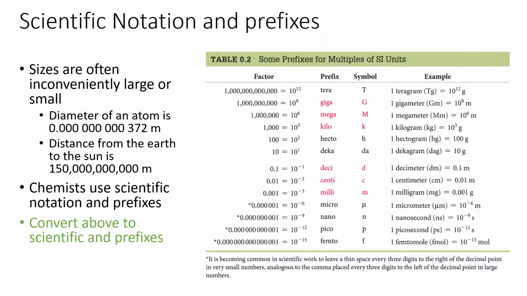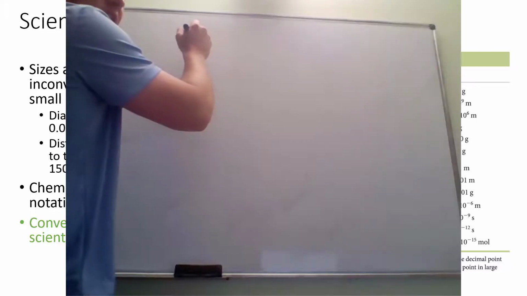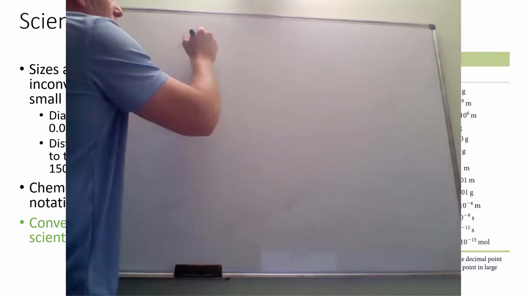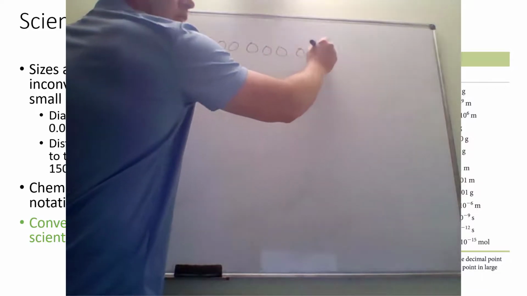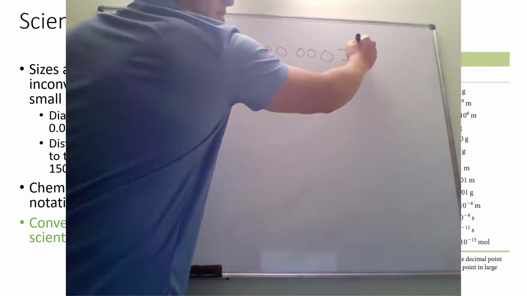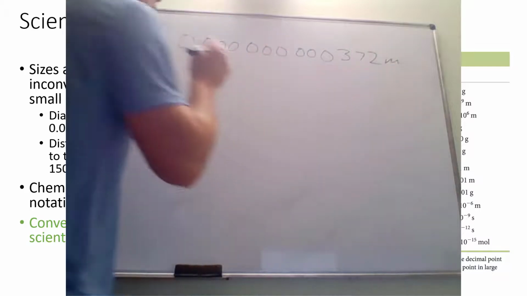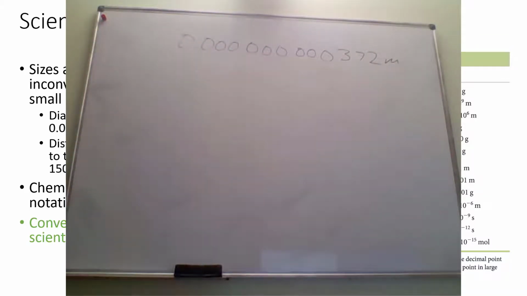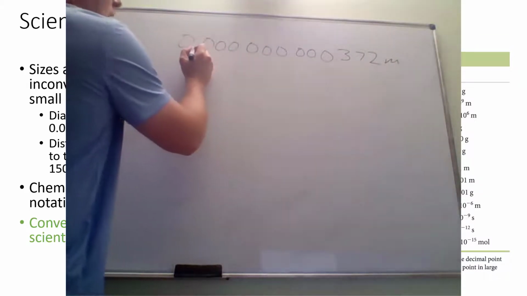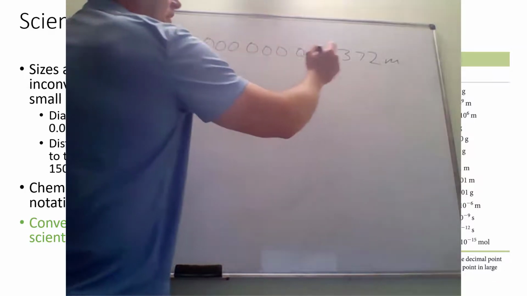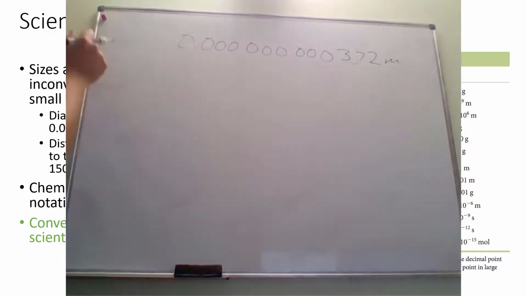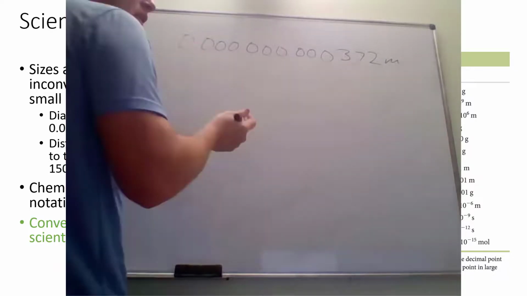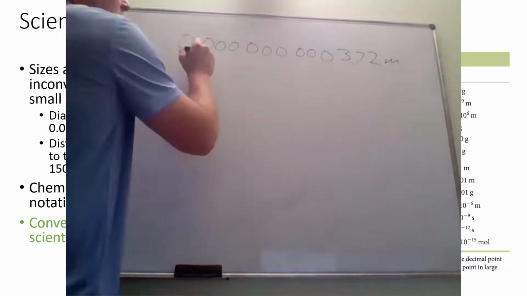First, let's take a look at the diameter of the atom, 0.00000000372 meters. For scientific notation, we take our decimal place and simply move it over until we move it past our first digit, and we count the number of times that we move that decimal place over.